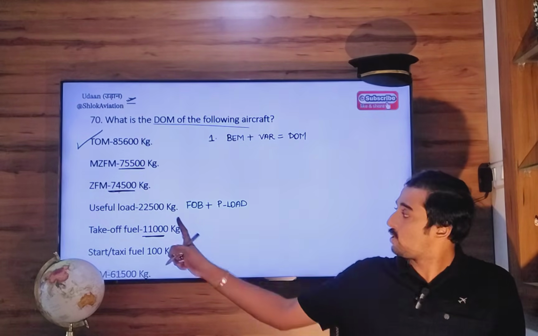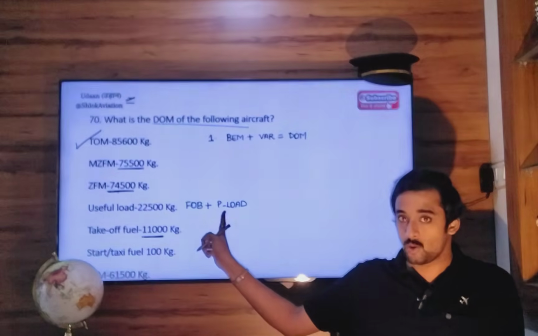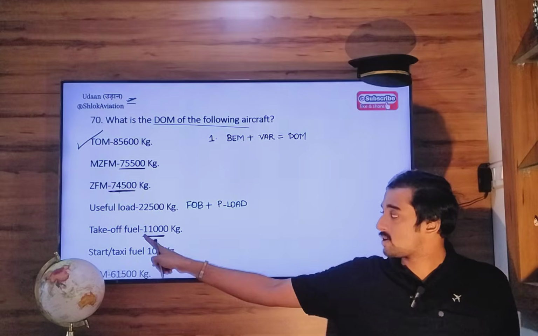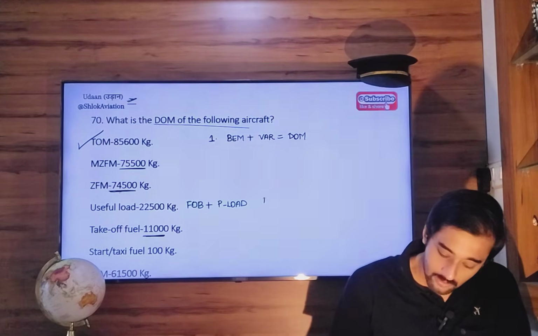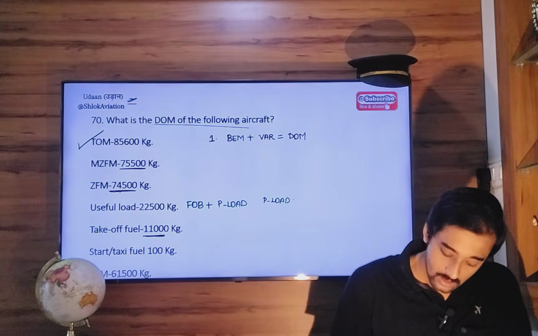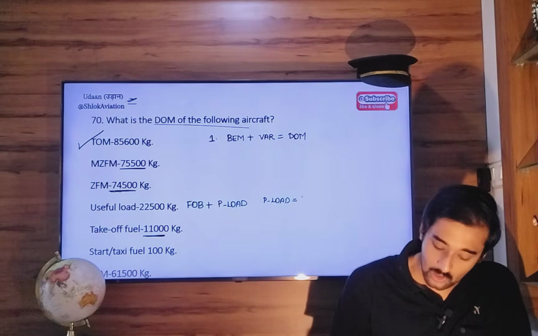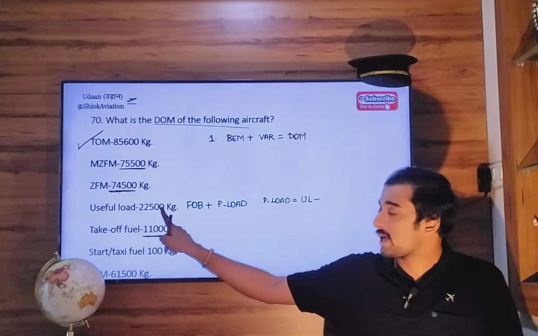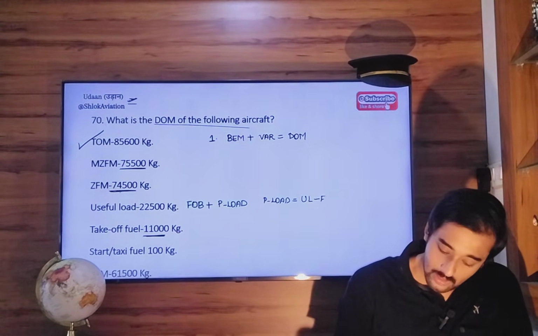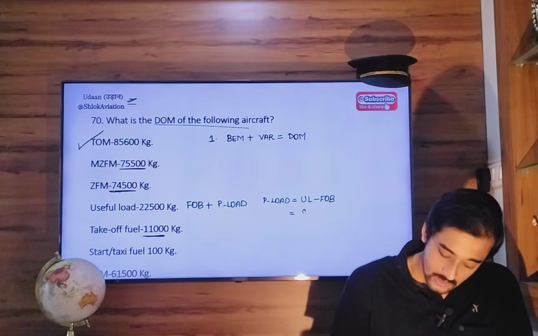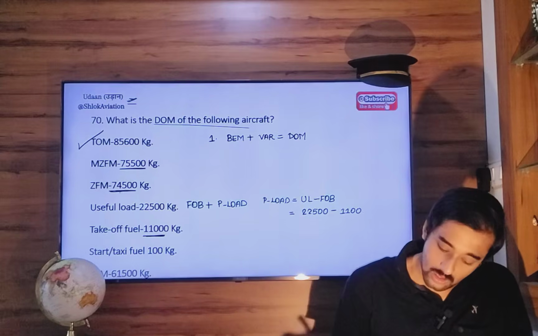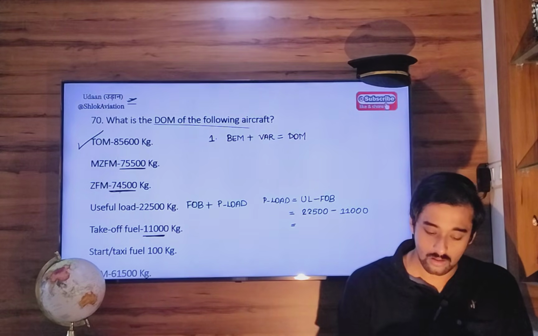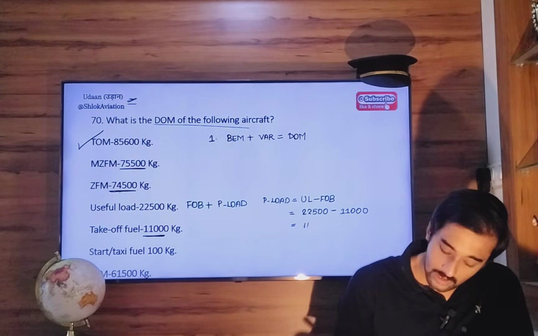We know that useful load equals fuel on board plus payload. Fuel on board is 11,000, so we can calculate payload. Payload will be equal to useful load minus fuel on board. So 22,500 minus 11,000 is 11,500.